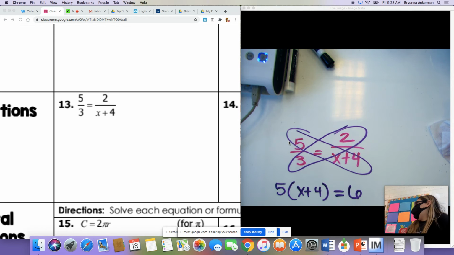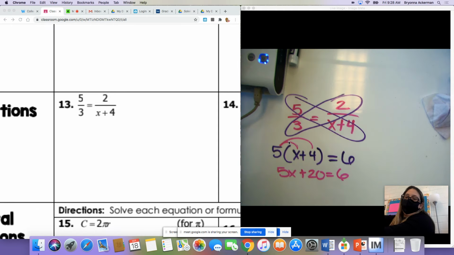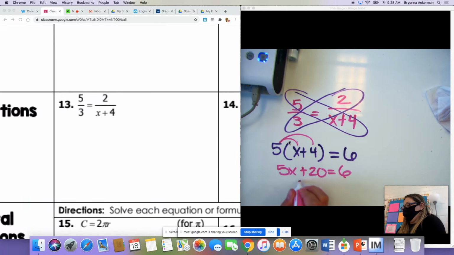And so now it's set up kind of how we're used to it. And so in this case, you do need to distribute. So we get 5x plus 20 equals 6. We're going to subtract 20 from both sides.